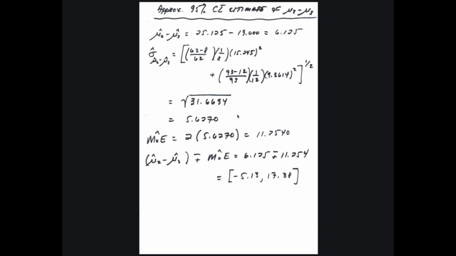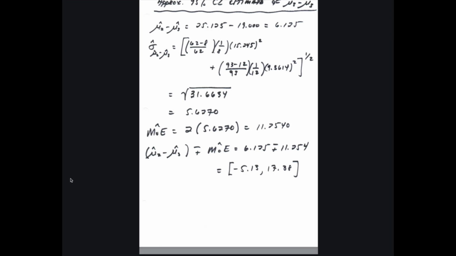We multiply that by 2 to get the approximate margin of error associated with that point estimator, which turns out to be 11.254 hours. Finally, we use those to construct an approximate 95% confidence interval for mu 2 minus mu 3, and that interval ranges from negative 5.13 hours up to 17.38 hours.